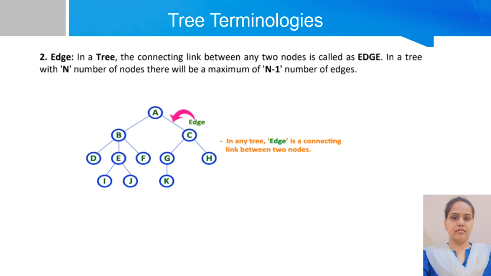Edge. In a tree, the connecting link between any two nodes is called an edge. Here, the link joining A and C is an edge, and A to B is also an edge. Likewise, every two nodes are connected with edges.